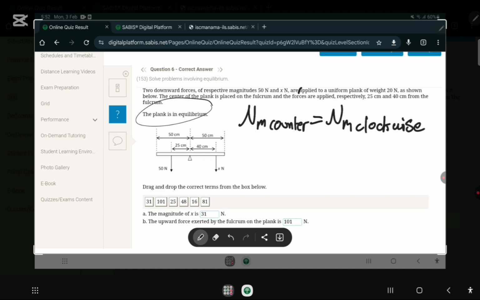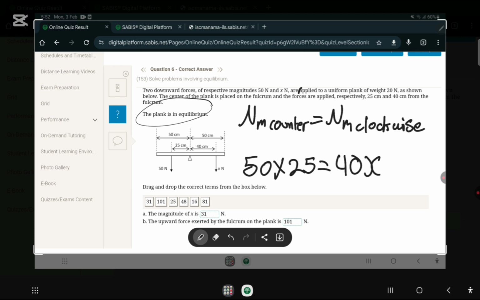Okay, 50 times 25. We don't need to convert it because they're both in centimeters, equals 40x, because we're trying to find x. If you plug it into the calculator, you're going to get 31.25.